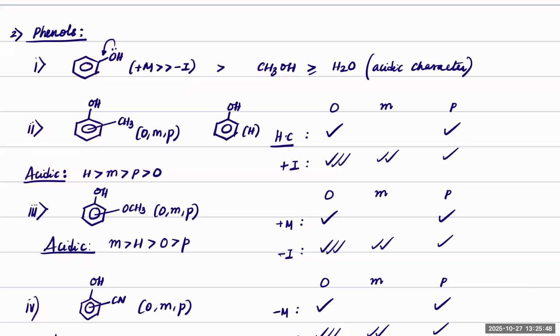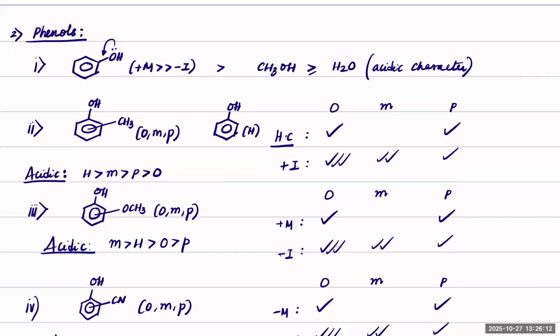Okay, next. If you have methoxy group and ortho, meta, and para methoxy groups, you will see at ortho position, you will have both hyperconjugation as well as high plus I effect. Meta position, you will never apply hyperconjugation or mesomeric effect. Keep that in mind.